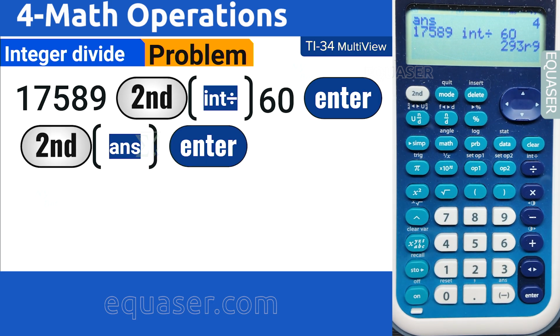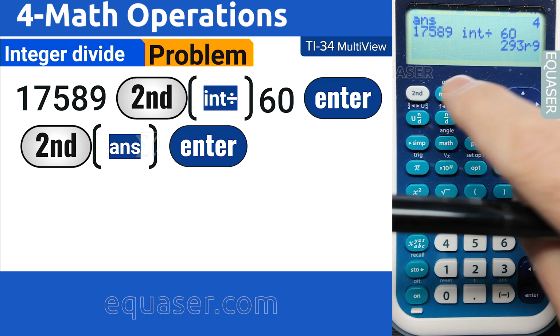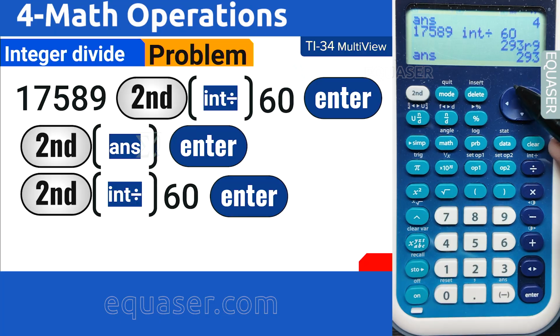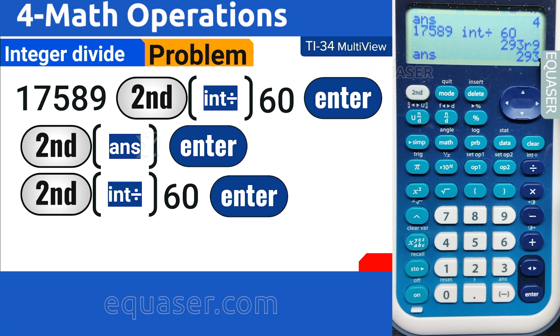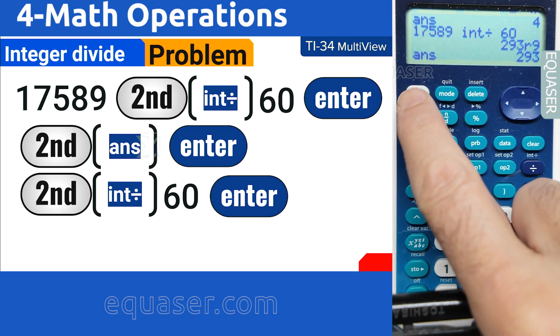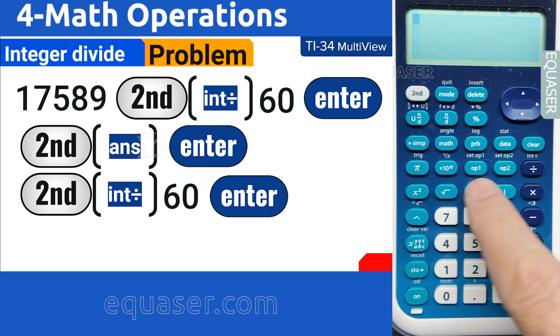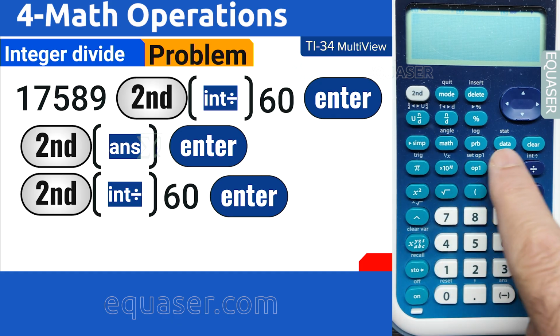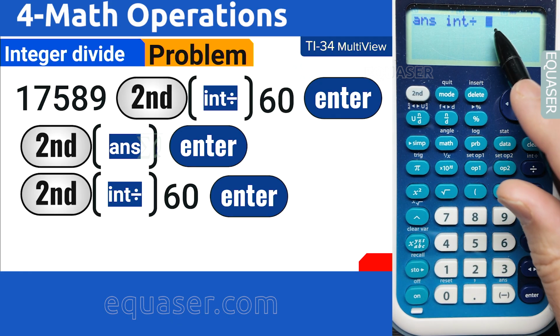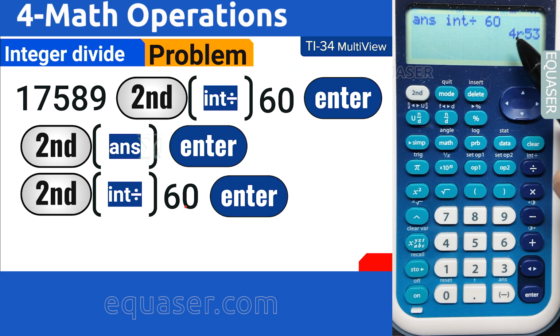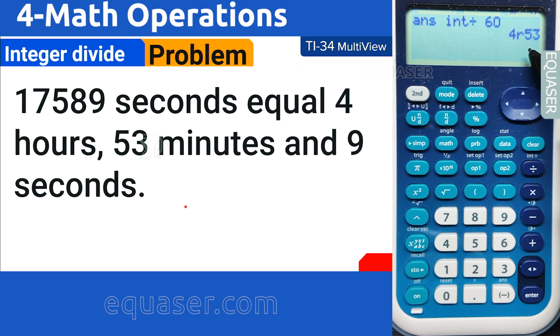Now let's do second function and answer. We want to get this second function answer. The value is here, and let's get this and divide it by 60. Second function integer divide, 60, we got 4 and 53.